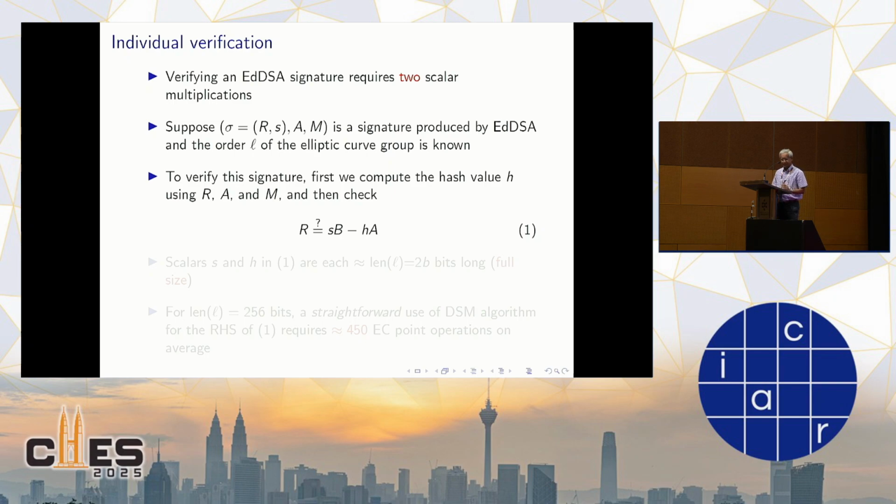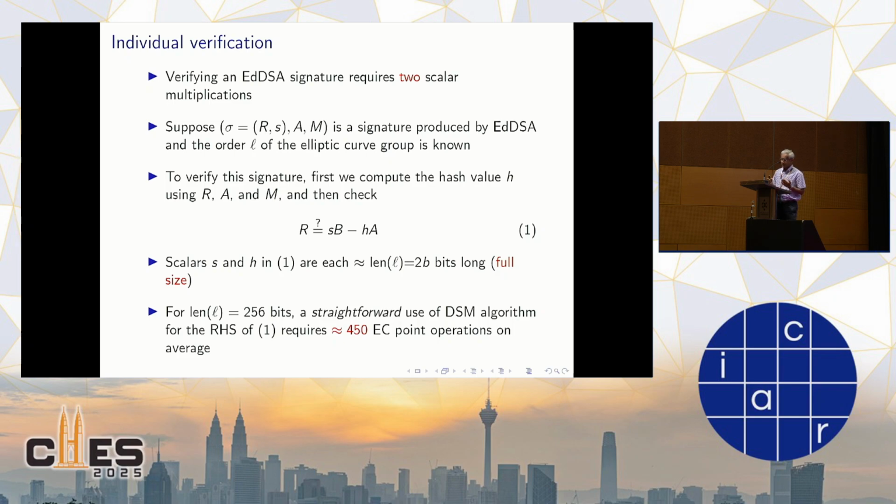To verify this signature, first we compute the hash value H using point R, point A, and message M. Then we check whether R is equal to SB minus HA. So here we have two scalar multiplications: one is SB, another is HA.